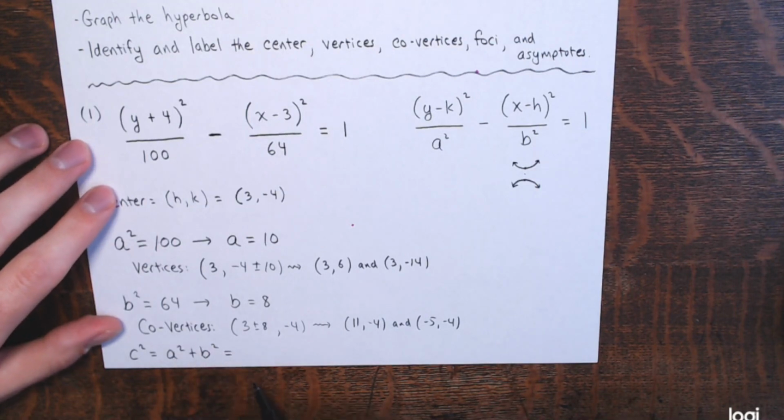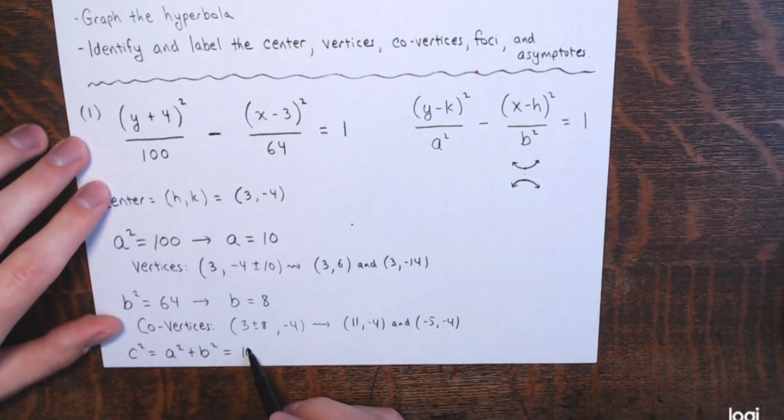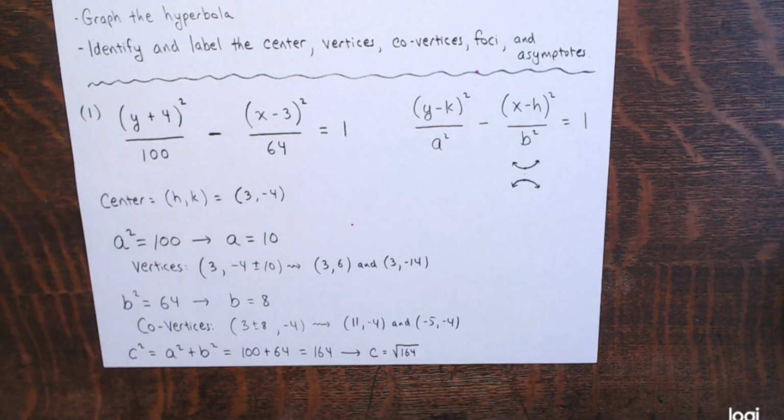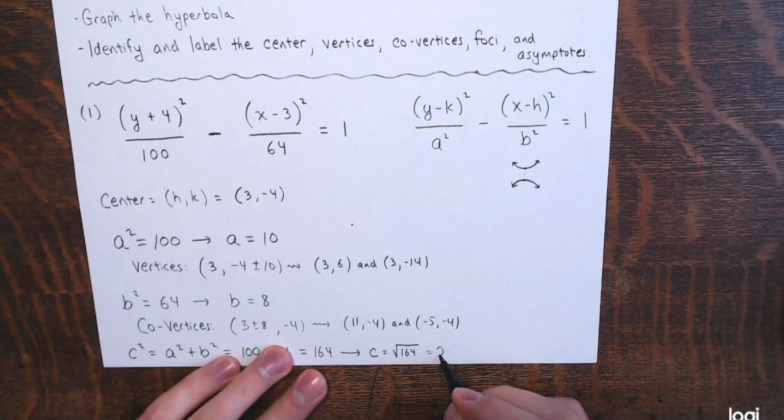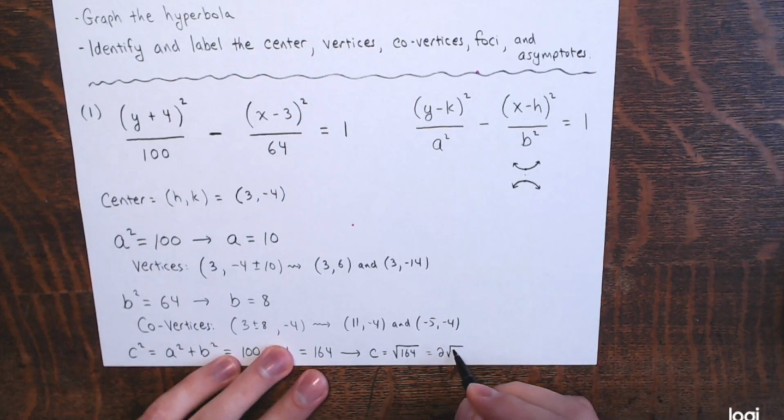Right, and a squared is 100 plus b squared is 64. So this is 164, meaning that c is the square root of 164. And 164 is 4 times 41. So this is 2 times the square root of 41, the square root of 4 times the square root of 41, if you want to simplify it.